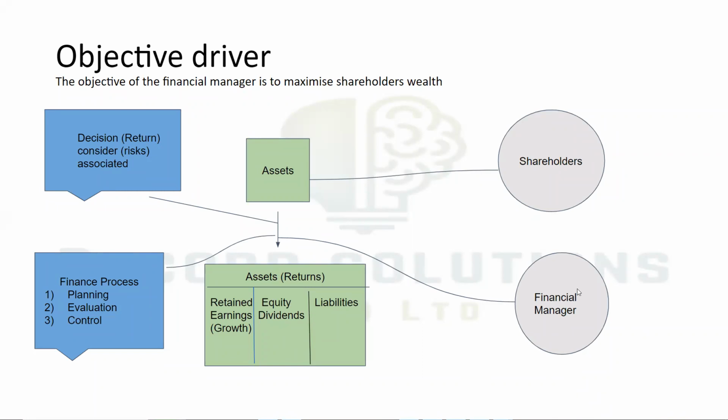He can be at the planning stage, where he's planning for things, so he has to consider risks associated with what he's deciding. Even what you're doing right now, cost of capital, we're doing at the planning stage.